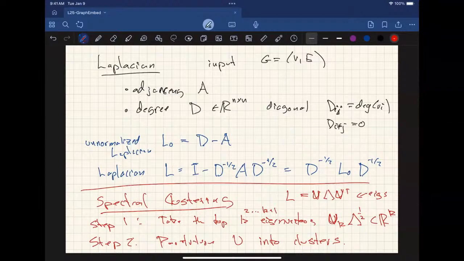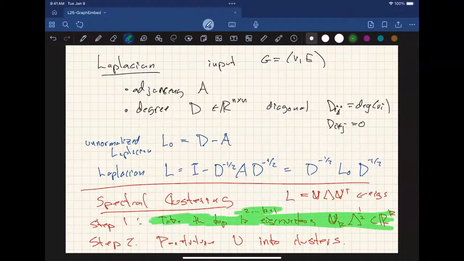But what we're advocating in terms of the graph embedding is to just do this step. Once I get here, I'm reading off of the eigen decomposition, this U times lambda to the 1/2. This is basically giving me an embedding into this k-dimensional space.